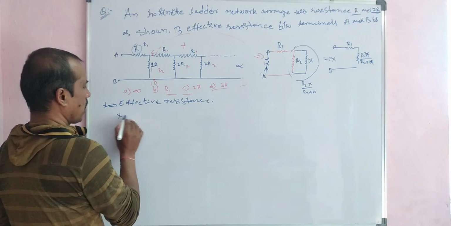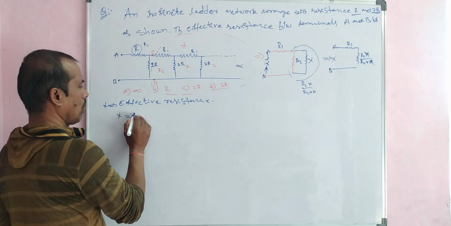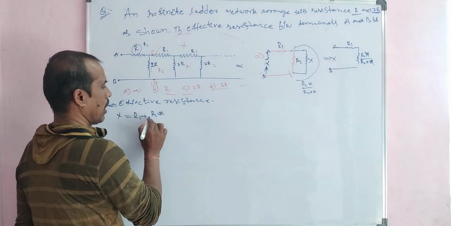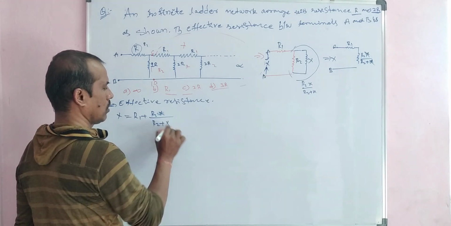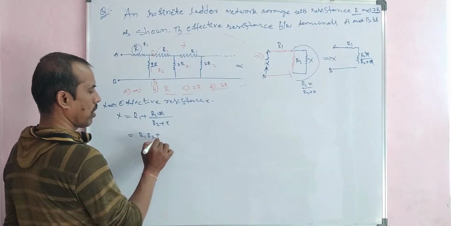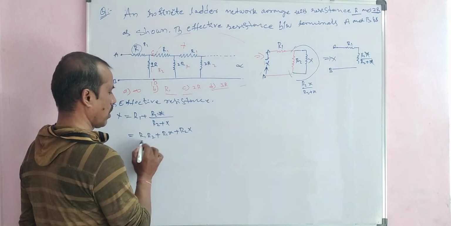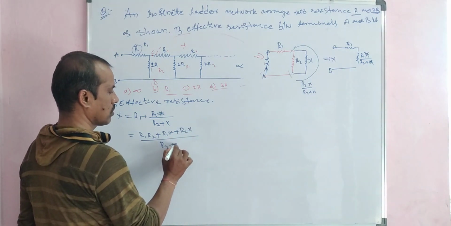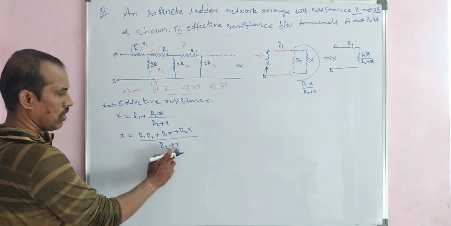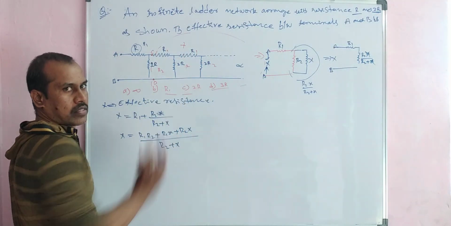Now X is equal to R1 plus R2X by R2 plus X, since these two are in series. Simplifying, this is the effective resistance of the total ladder.